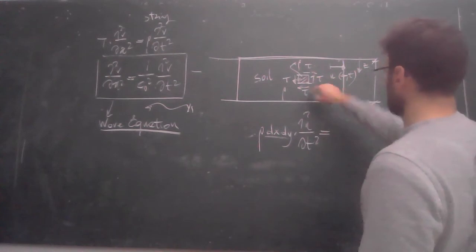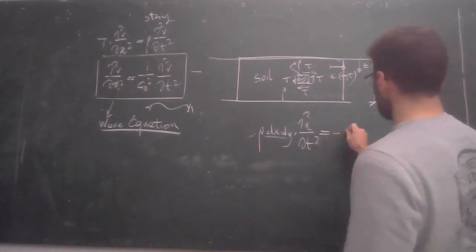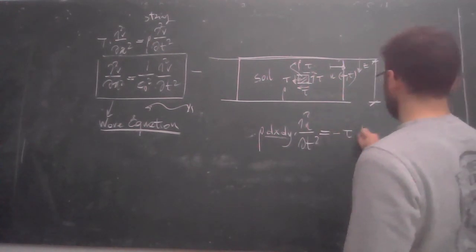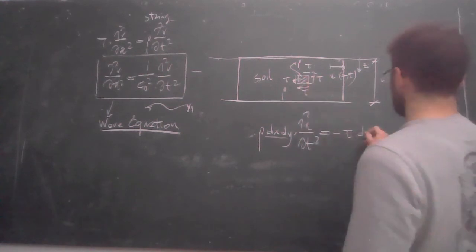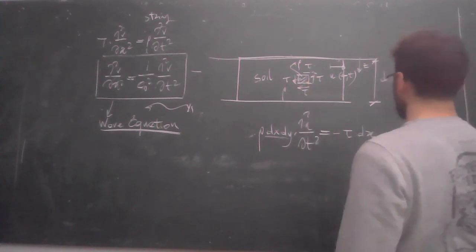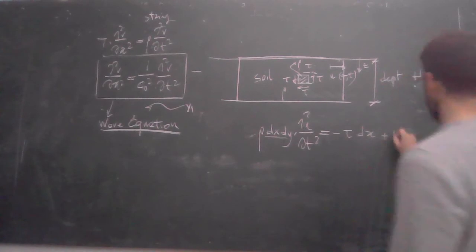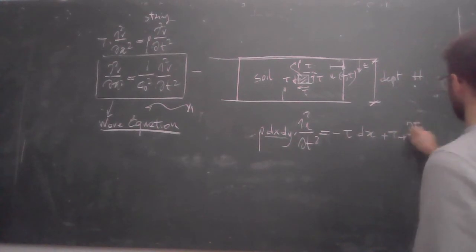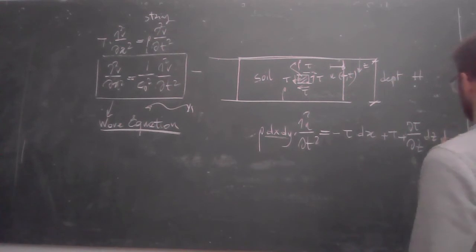These two forces. So it's minus tau dx plus tau plus d tau over d zeta dx d zeta, okay.